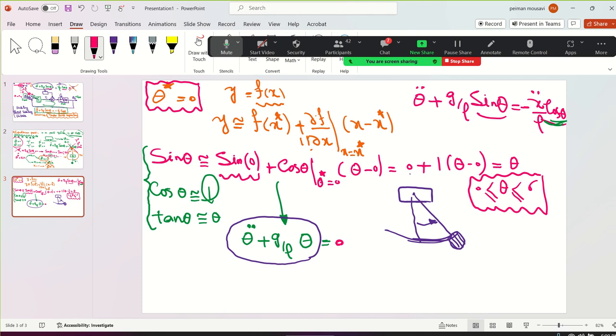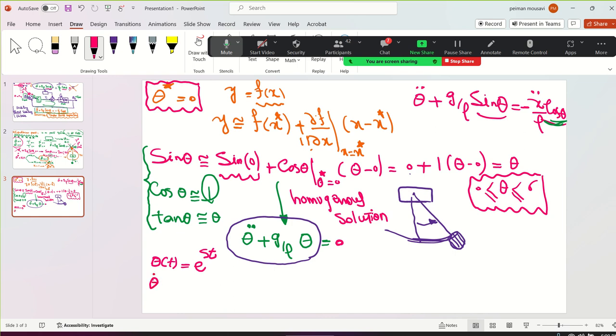You know from the differential equations course that the homogeneous solution means the right-hand side is 0. I hope they taught you. Theta of t is e to the st. This is the homogeneous solution.